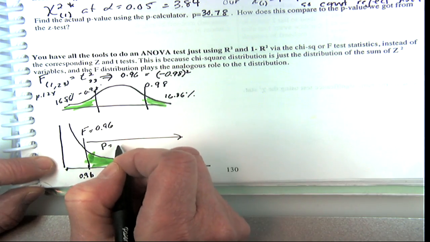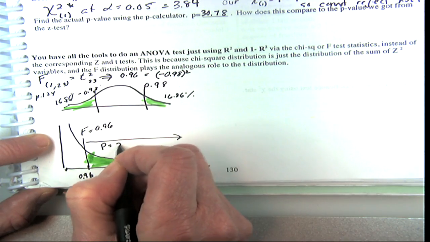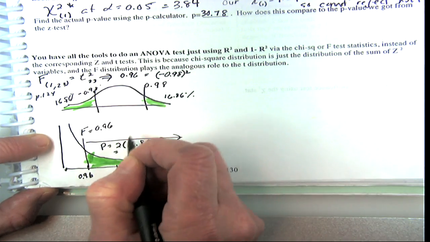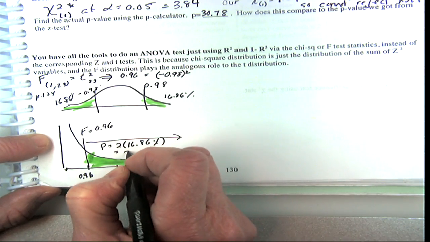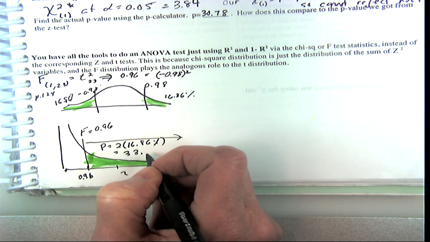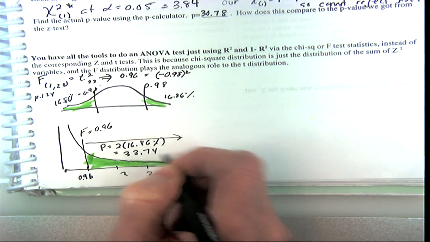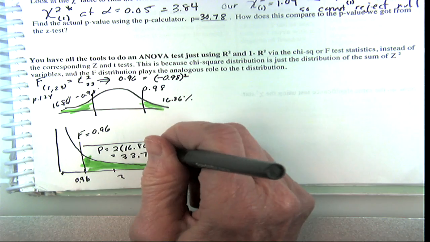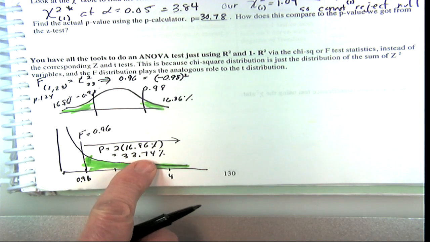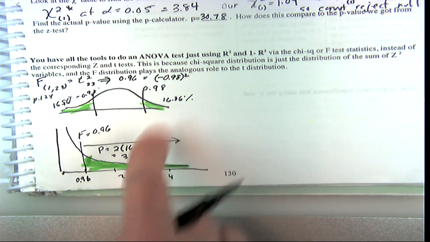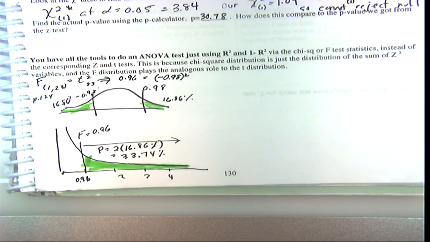P equals 2 times 16.86%, which is equal to 33.74 with rounding. It really should be 2 there, but it's with rounding. It should be exactly the same. It's just that I rounded one of them. Okay, so it's exactly the same. So that's the idea there.